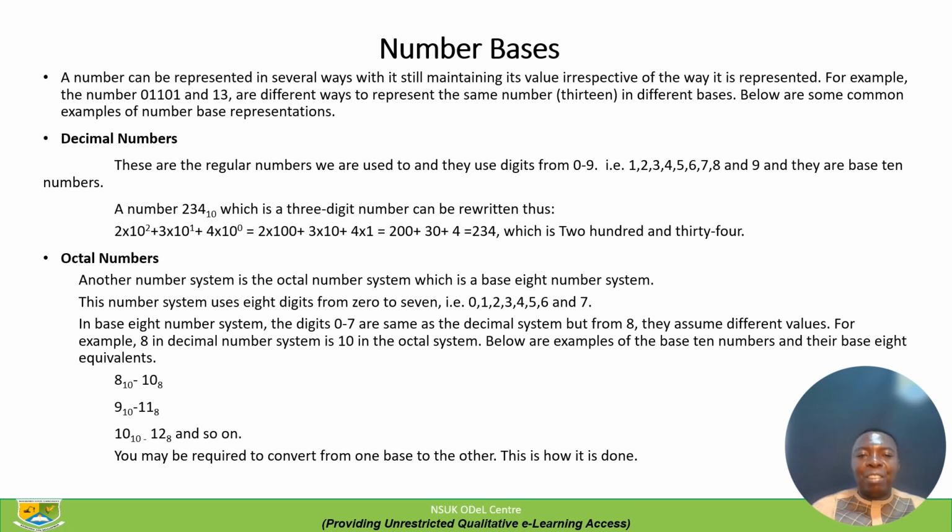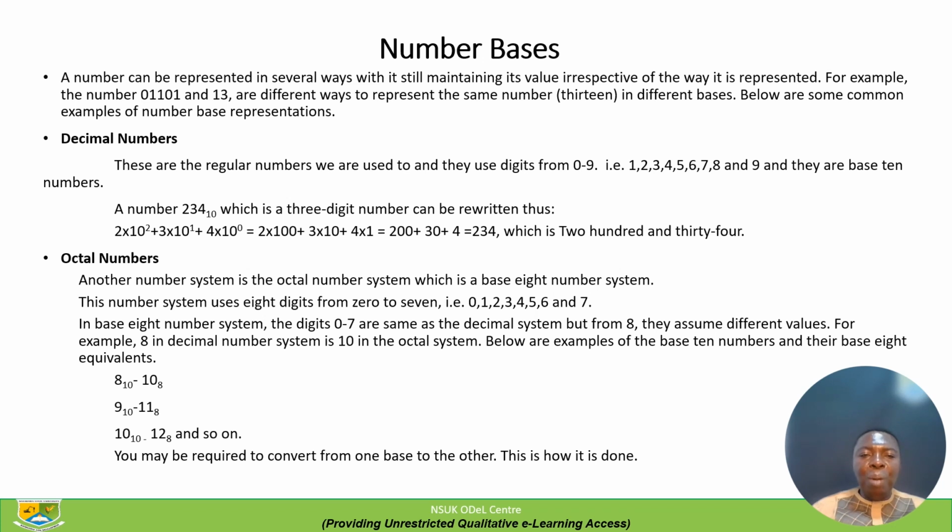We have the decimal number. These are the regular numbers we are used to, and they use digits from 0 to 9, that is 1, 2, 3, 4, 5, 6, 7, 8, and 9. They are base 10 numbers.